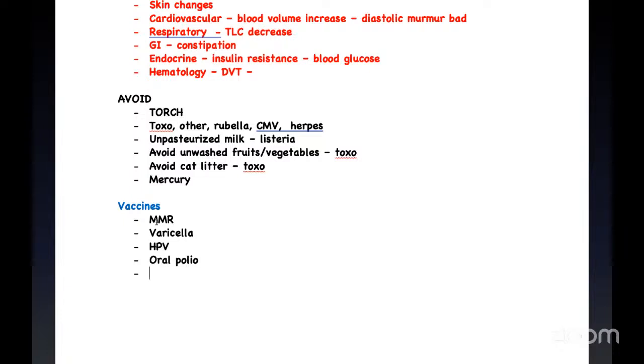If you don't know them, these are live vaccines. What about the flu vaccine? She can get a flu vaccine, but she should not get the nasal one. You cannot get the nasal flu vaccine. Rotavirus is also one they should not get. So these are the few vaccines they should stay away from.